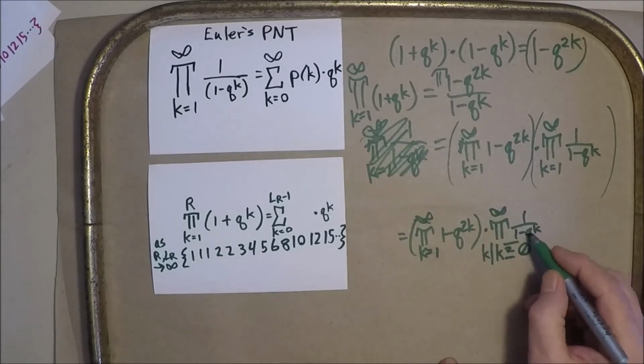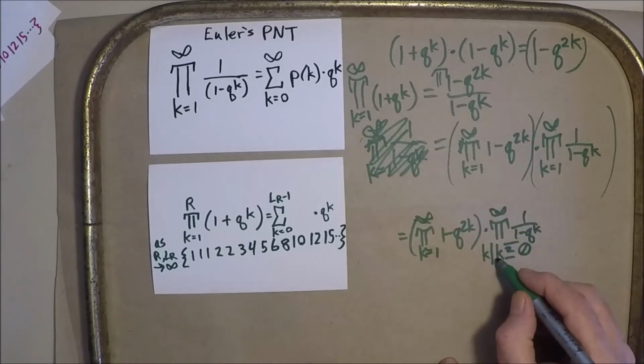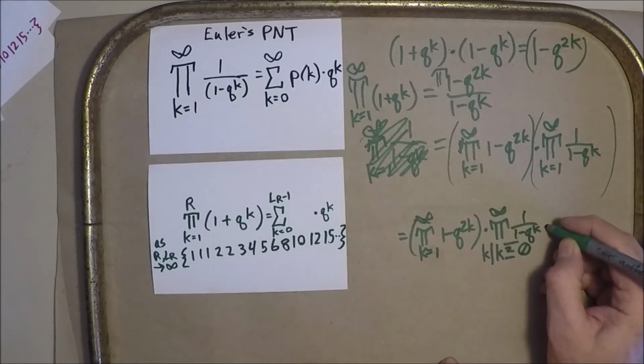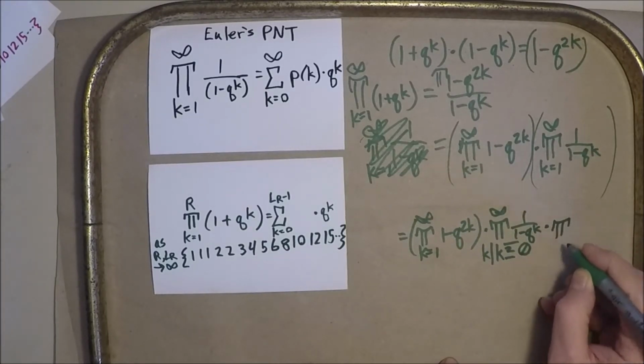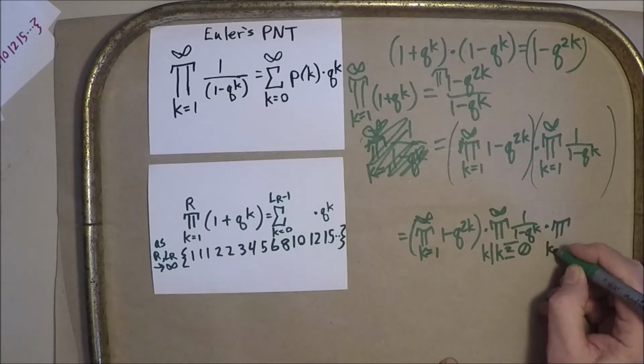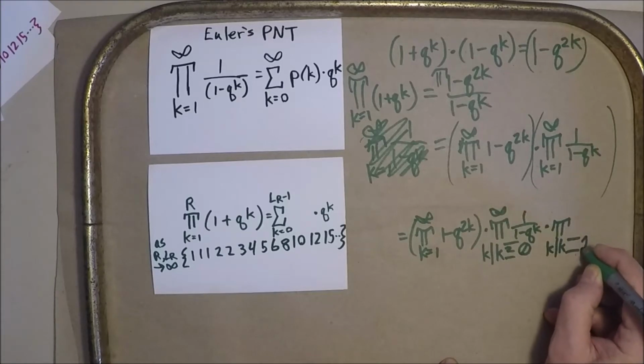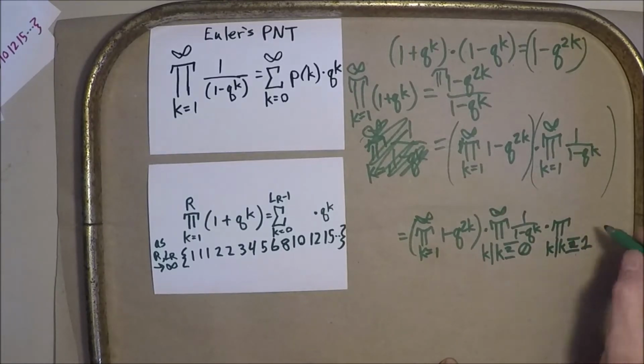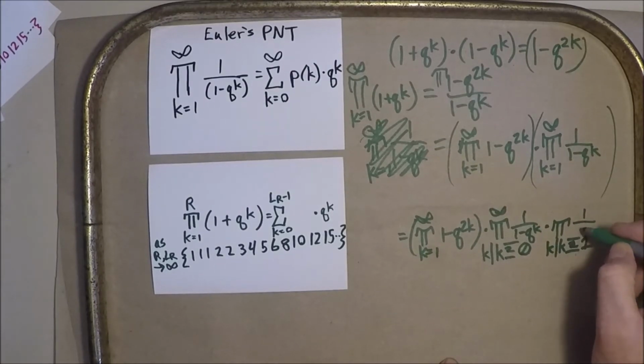That the odd ones will be avoided is implicit in this restriction on the index. Then we multiply in the odd ones, k such that k is equivalent to 1 mod 2, of 1 over 1 minus q to the k.